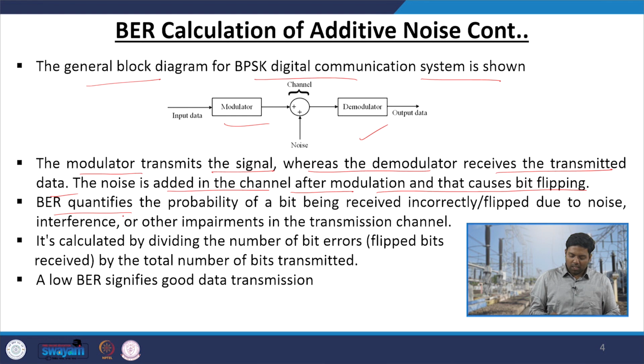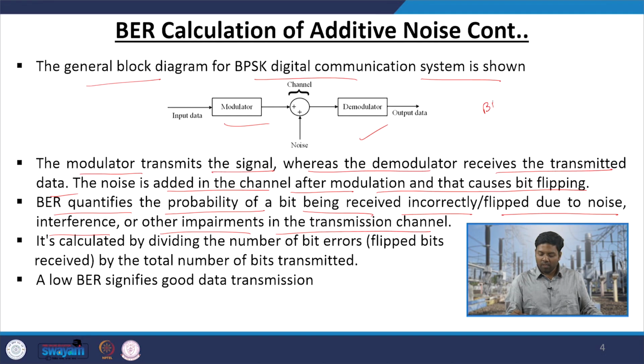BER quantifies the probability of a bit being received incorrectly or flipped due to noise interference or other impairments in the transmission channel. What is BER? This is called bit error rate.